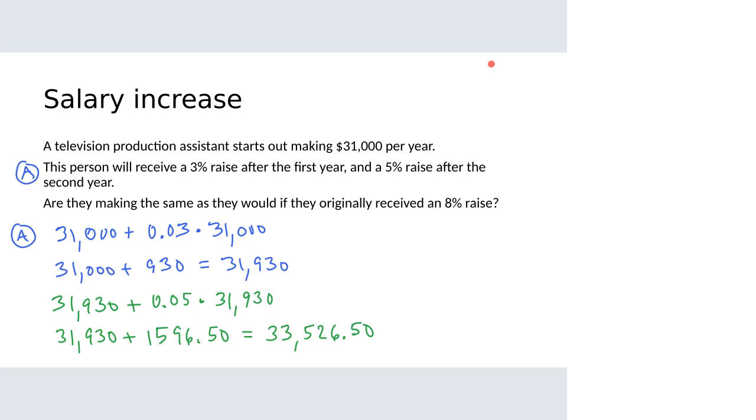So this was method A, where they got a 3% raise and then a 5% raise. The 3% took them here, and then the 5% took them to here. That's their new salary at the end of year 2.